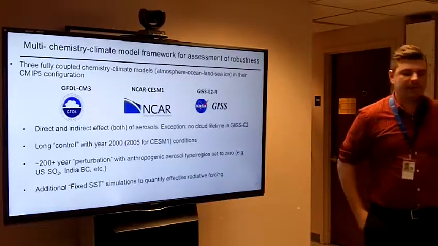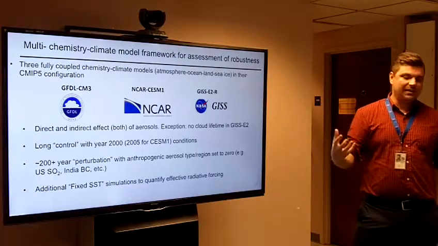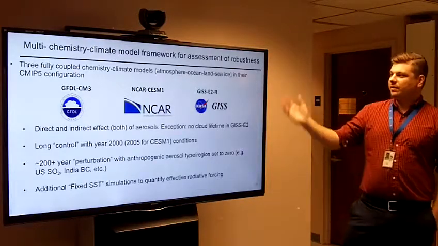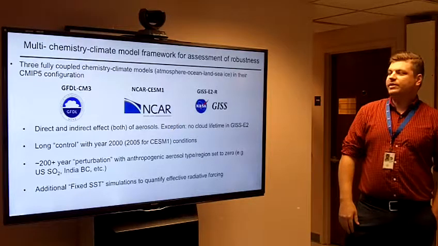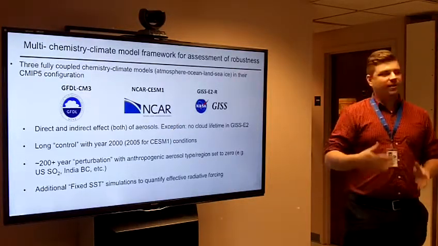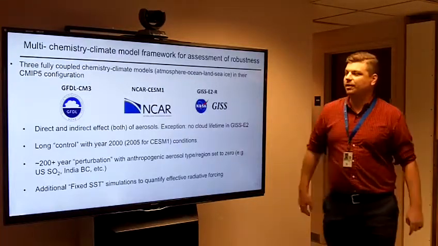So the framework that I use for this regional analysis, it's still global modeling, is to use 3 different chemistry climate models. These are essentially the chemistry climate models in their CMIP5 configuration, not much difference than that. These simulations were run a few years ago.